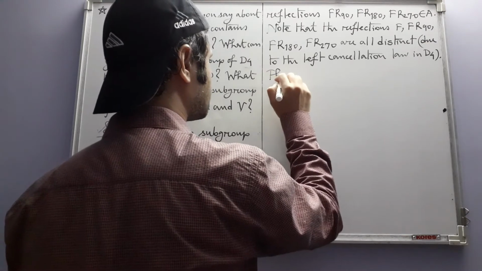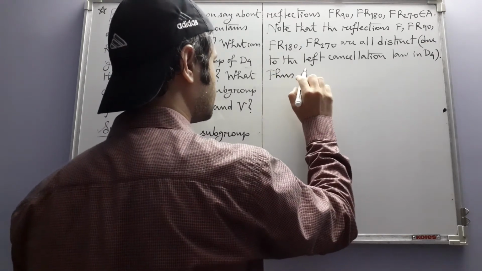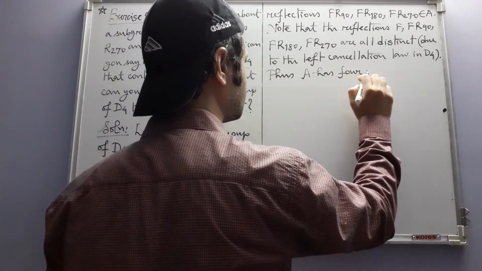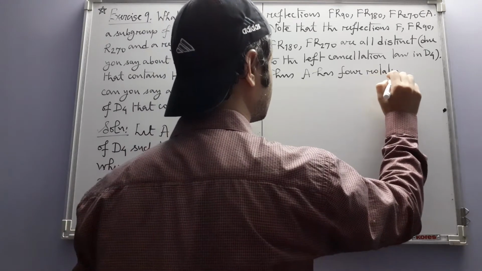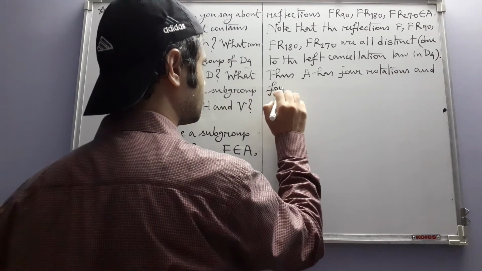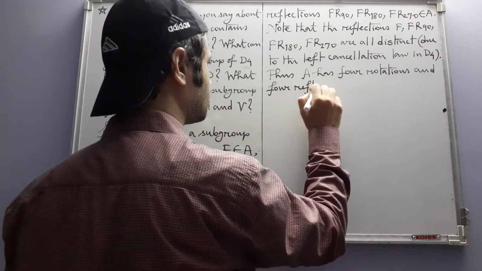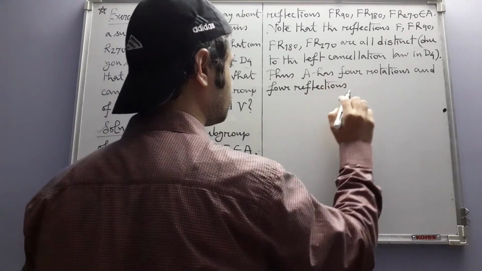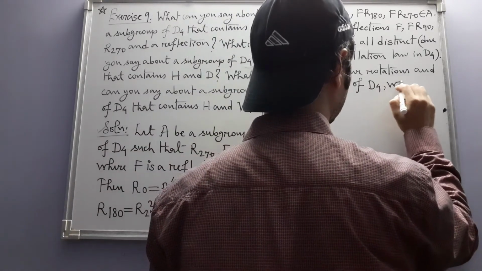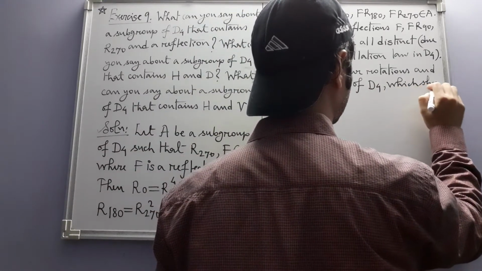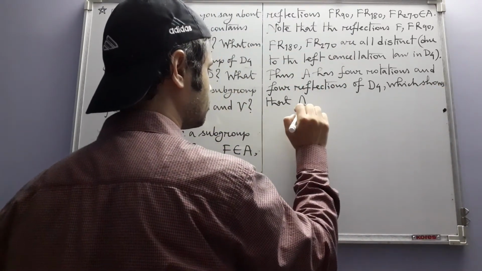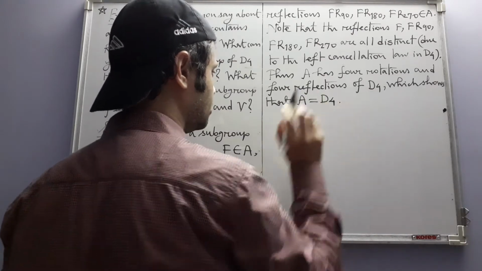Thus, A has 4 rotations and 4 reflections of D4, which shows that A is equal to D4.